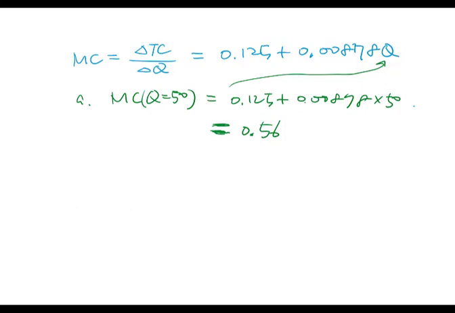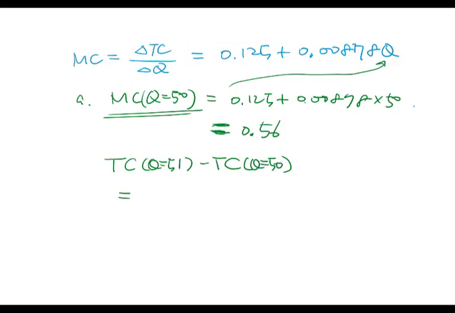And there's an alternative way to answer this question. If you have not found the marginal cost function, you can calculate the difference of total cost when quantity equals 51 and when quantity equals 50.